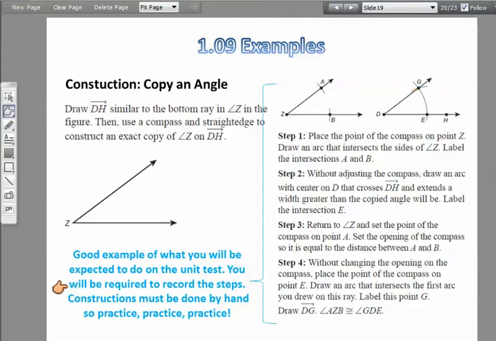You will be required to record the steps. Constructions must be done by hand, so practice, practice, practice. But it goes through and it explains to you, and that video was a good explanation as well. Step 1, what did you do? Step 2, what did you do? Step 3, and so on to do the construction. That's exactly the way it needs to look on the test.